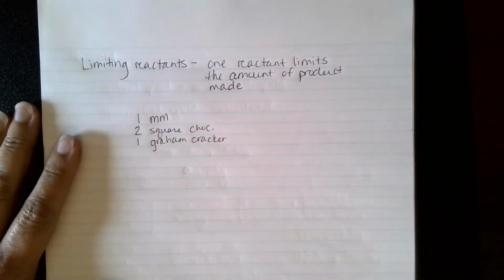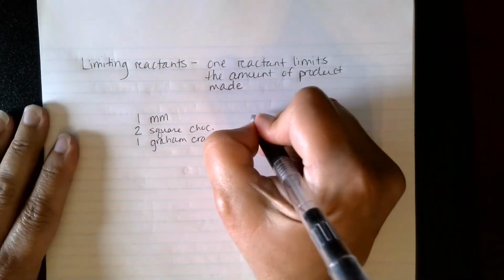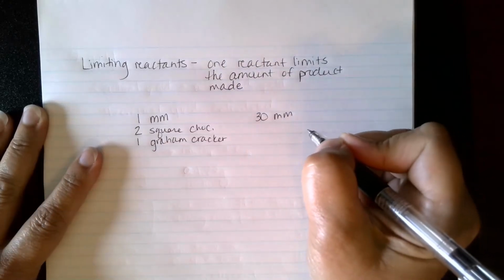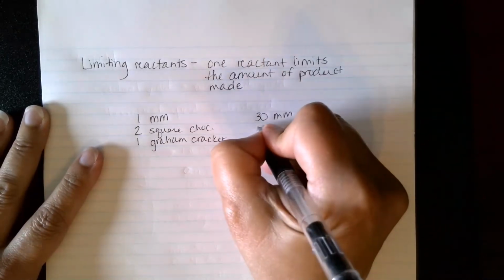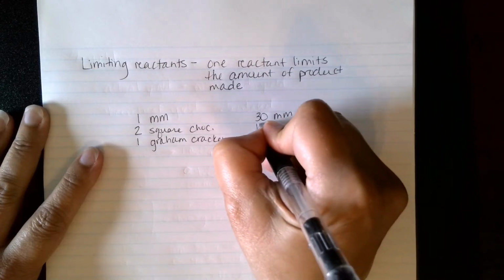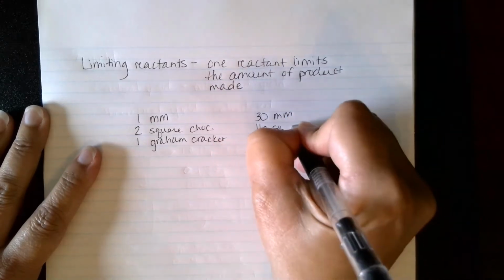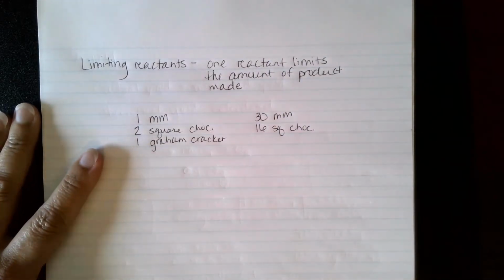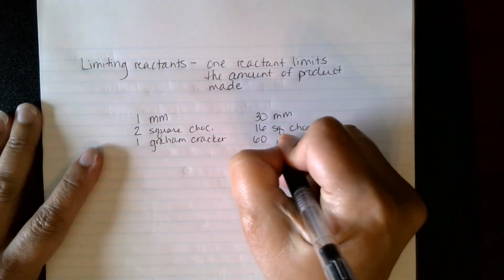So let's say that we go to our cupboard and I find out that I have 30 marshmallows, 16 squares of chocolate, and a pack that has 60 crackers.